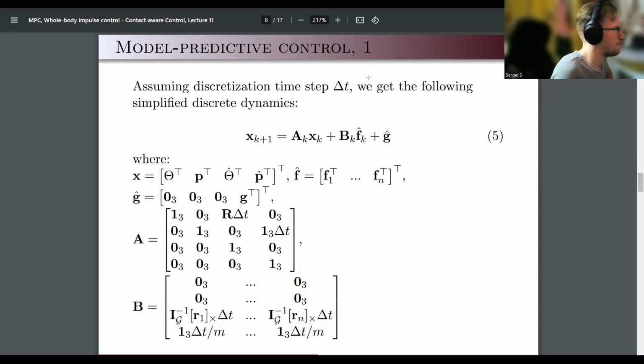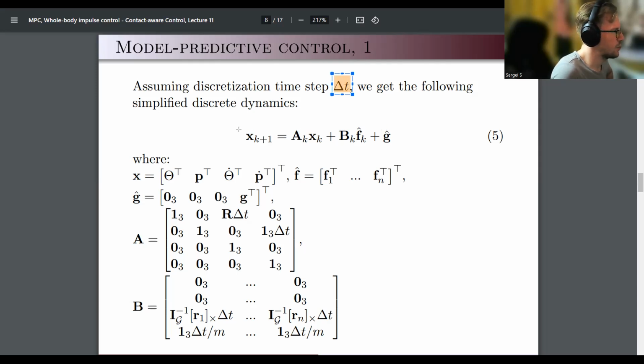So let's look. We have to discretize our dynamics, right? As you can imagine, for MPC to work, writing it in continuous time is not easy and not necessary. So instead we discretize with a time step dt.